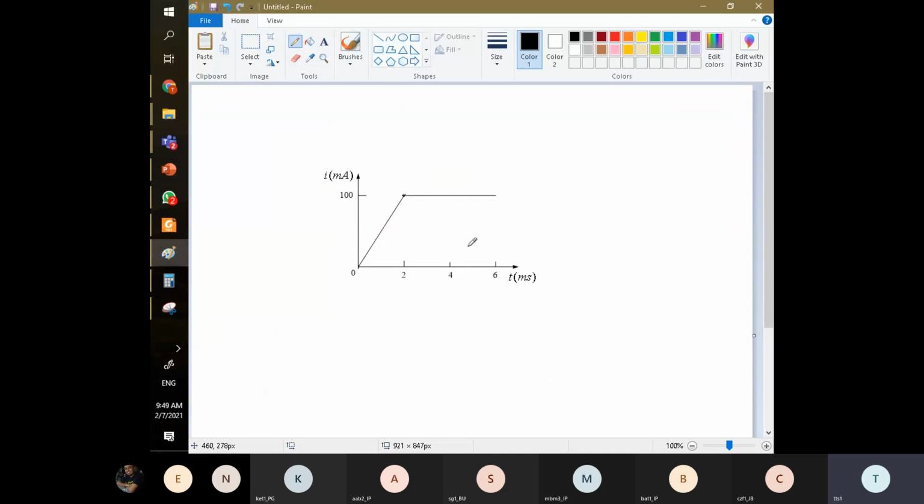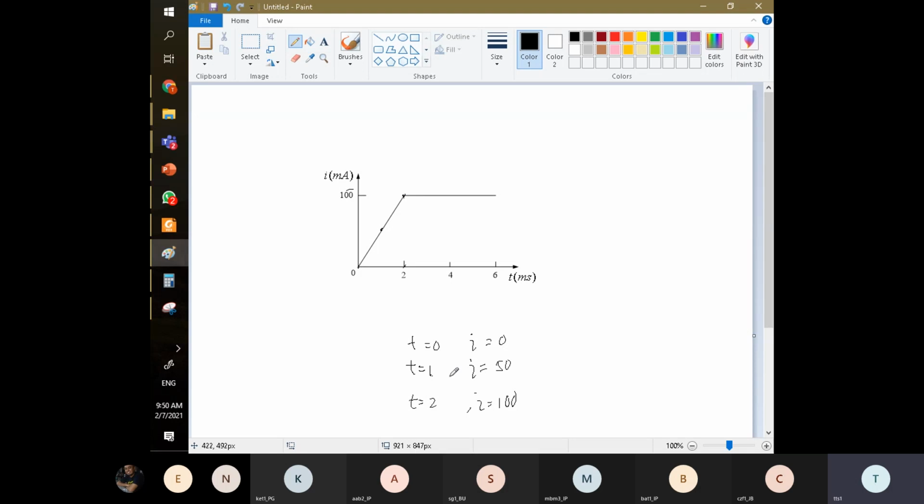When t equal to 0, I equal to 0. When t equal to 2, I equal to 100. So what is in the center? When t equal to 1, I should be 50, because this line is linear.